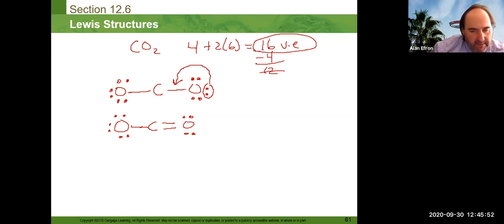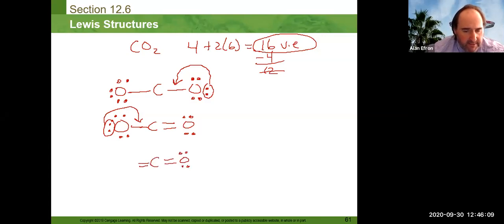So we would make a double bond on the other side here because we can, and we would do the same sort of move. We're going to bring those electrons in to do so. And what that's going to end up giving us is a double bond on both sides here.